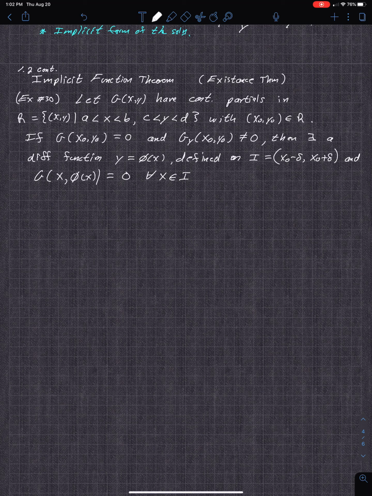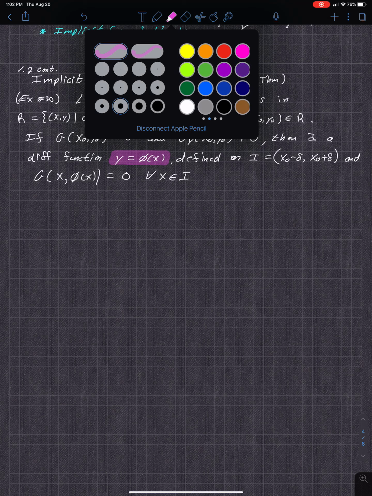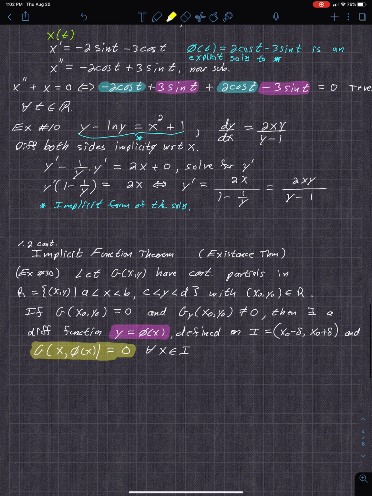So it's basically saying the existence of this function makes this implicit form of the function true. So the implicit form, let's go back here, is this, so that when you substitute in, you get a true statement. And that's kind of what we're doing back here, right?